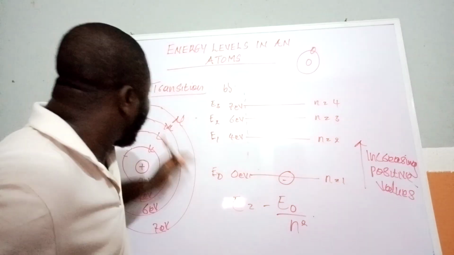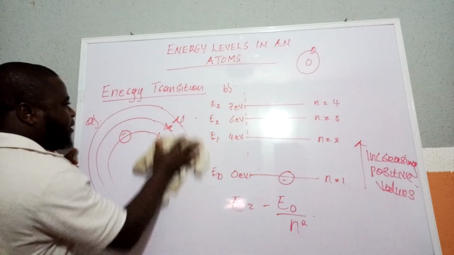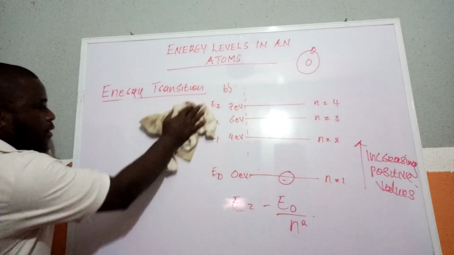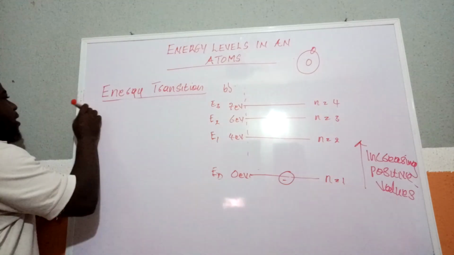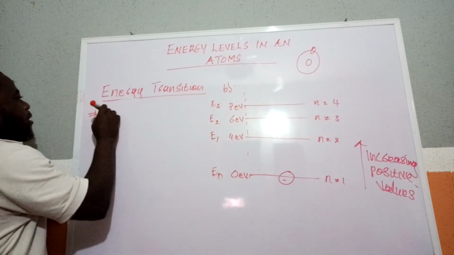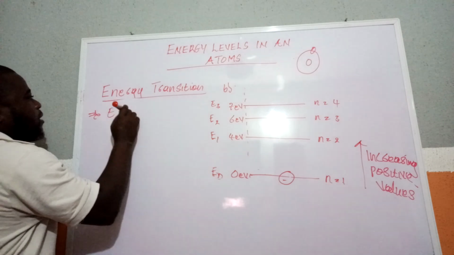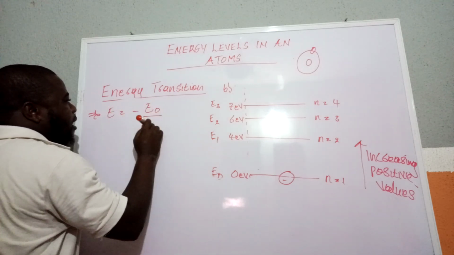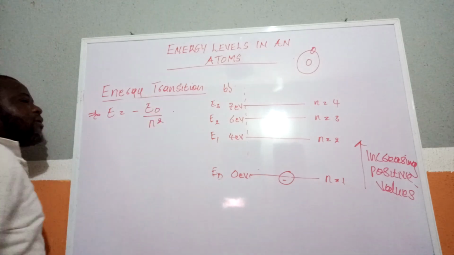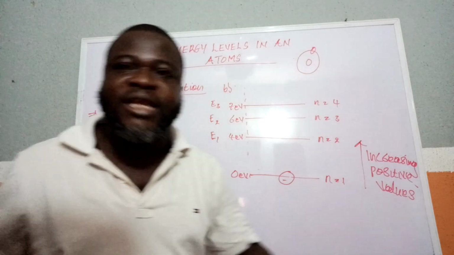If you have this, you can say E equal to minus E naught over n squared. But if you have a change in energy level, that means your formula will change.